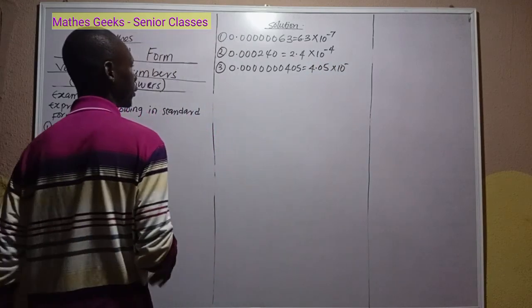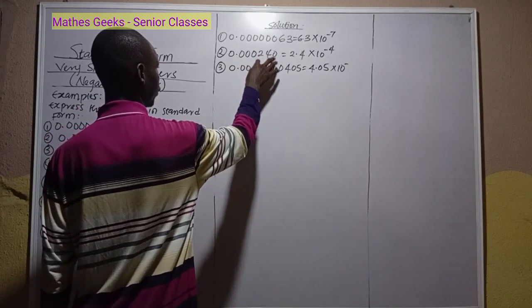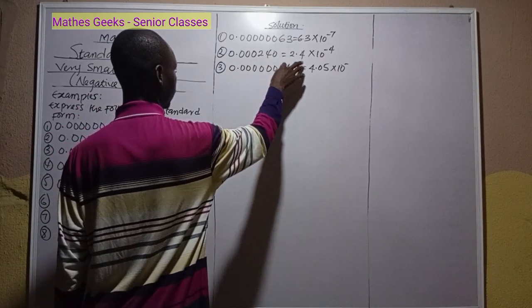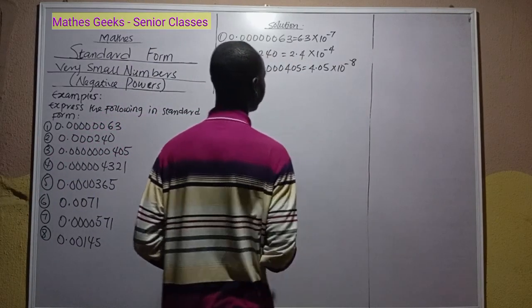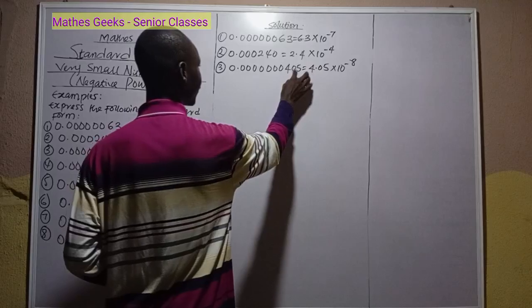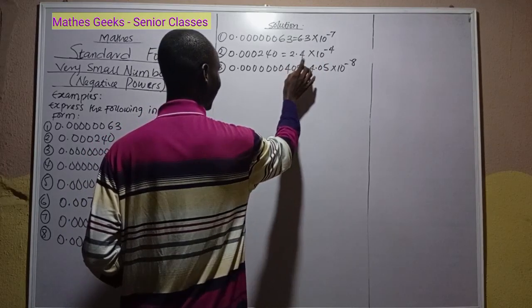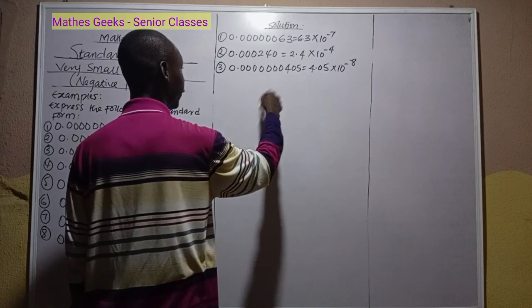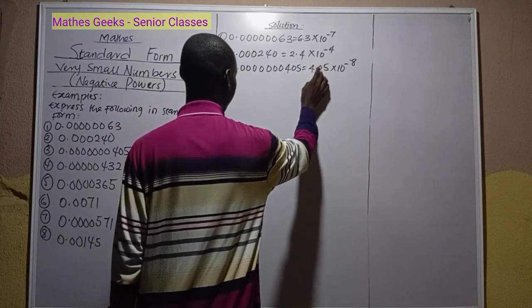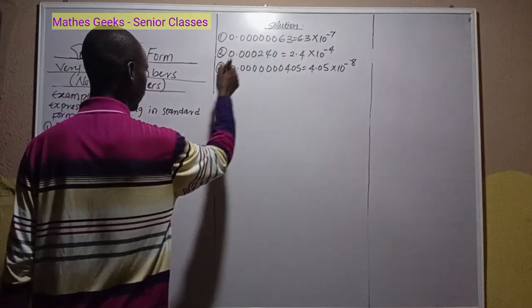Let's find out how many times that move was made. 1, 2, 3, 4, 5, 6, 7, 8. That's 8 times, minus 8. So in this case now, 0 is significant because it's between the first and the last non-zero digit, or the first and the last significant figure. Since it's in between, it's significant, so you must write it.